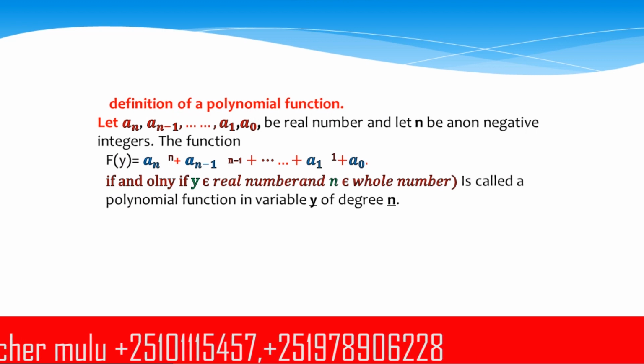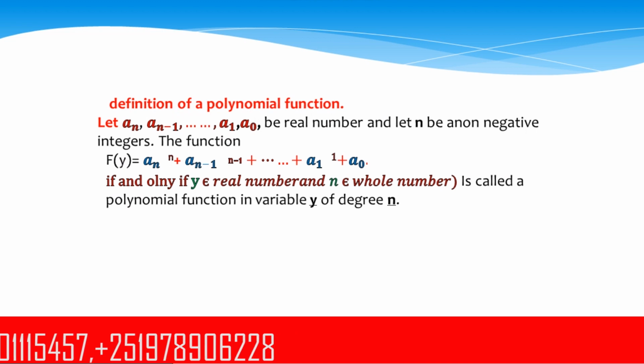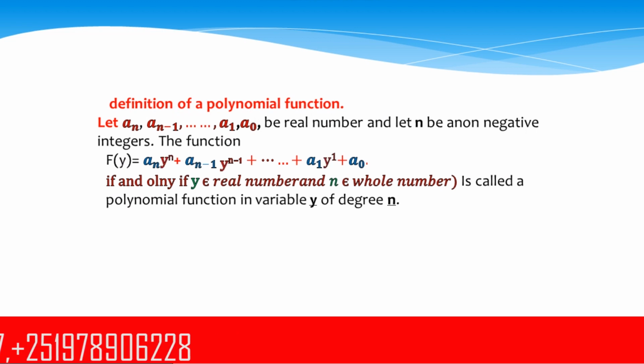Here is the second definition of a polynomial function. Let a_n, a_(n-1), ..., a_1, a_0 be real numbers, and let n be a non-negative integer. Then the function f(y) = a_n y^n + a_(n-1) y^(n-1) + ... + a_1 y^1 + a_0 is a polynomial function in the variable y of degree n.